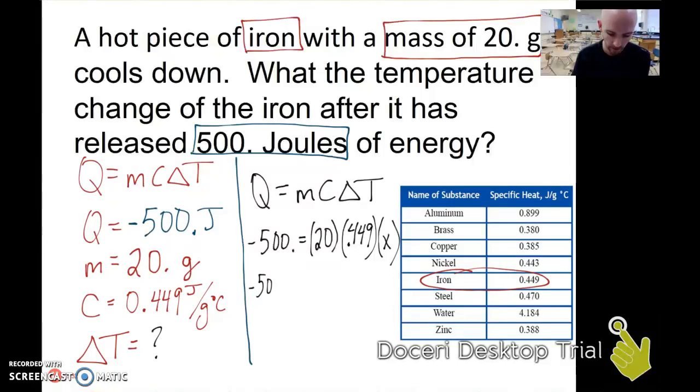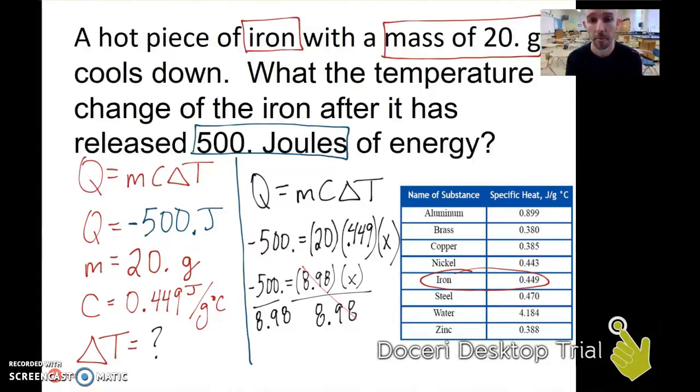All right, so I could go ahead and just simplify the right-hand side and say 20 times 0.449. I got 8.98. Times X, where X represents my change in temperature. Now I'll divide both sides by 8.98. All right, they cancel on the right.